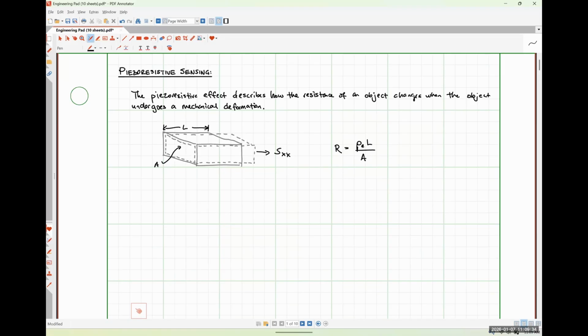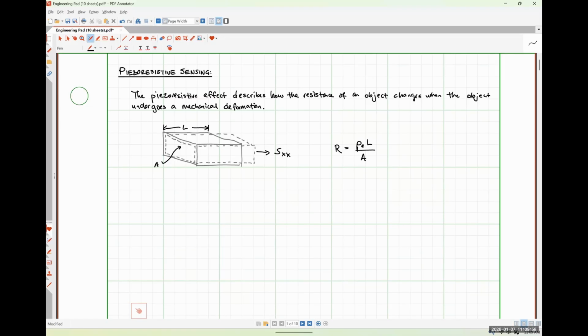Under this mechanical deformation, the length is changing, the cross-sectional area is changing, and the resistivity of the material will also change because its resistivity is dependent on the internal atomic positions. And as we deform that material, those internal atomic positions are going to change slightly.